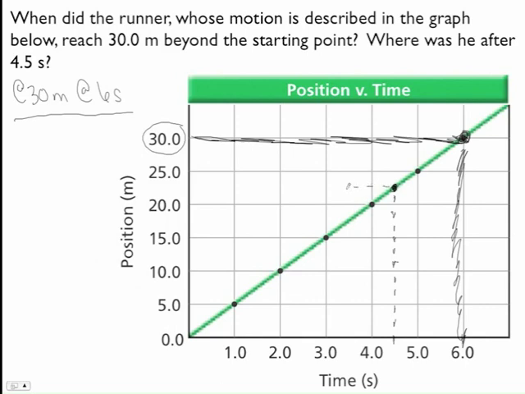And then if we draw this across, you can see that your person was halfway between 20 and 25. It's like 22.5. So at 4.5 seconds, he was at 22.5 meters. And that's all you have to do to interpret one of these graphs, where they already drew it and you have to figure out something from the graph.